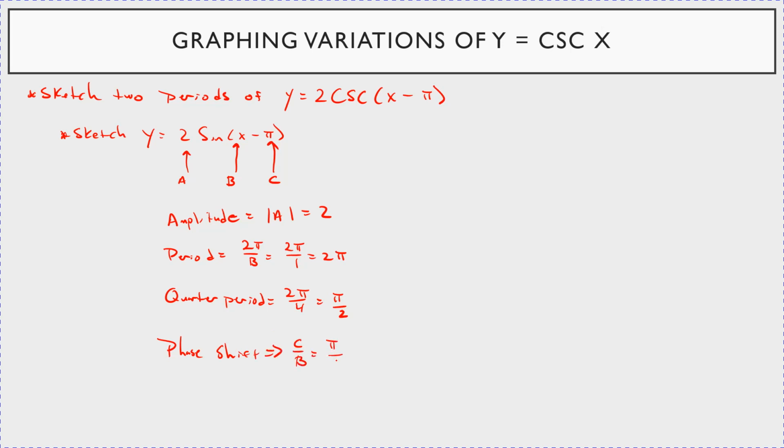So this is just pi over 1. So we're going to now start at pi instead of at 0. Okay? And then look, hopefully we've graphed so much sine that once you have these things, you should be able to just very, very quickly go through and do this. All right. So let me go to the next slide and quickly, quickly sketch this for you.